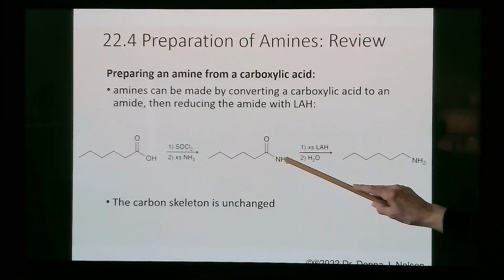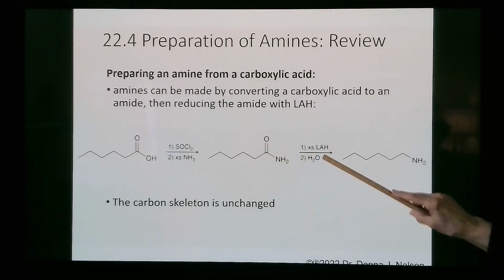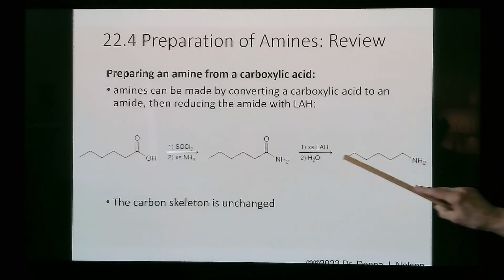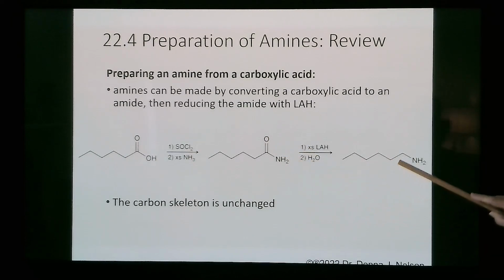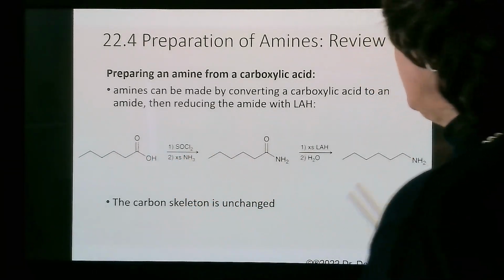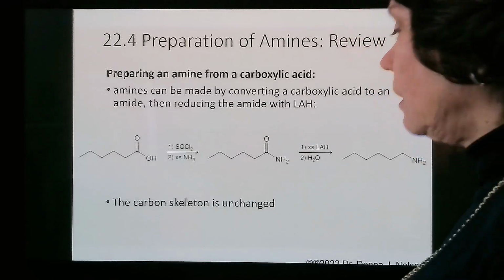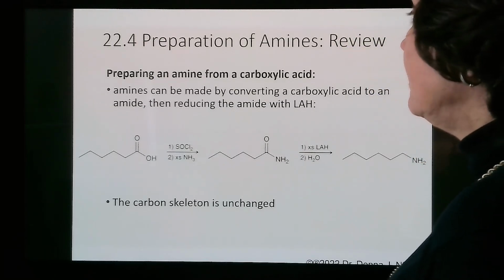Then once again, you simply reduce the carbon-oxygen double bond using LAH, so you have converted C double bond O to CH2. So now the carbon skeleton is unchanged here. So this is another review of a reaction that you've already seen.